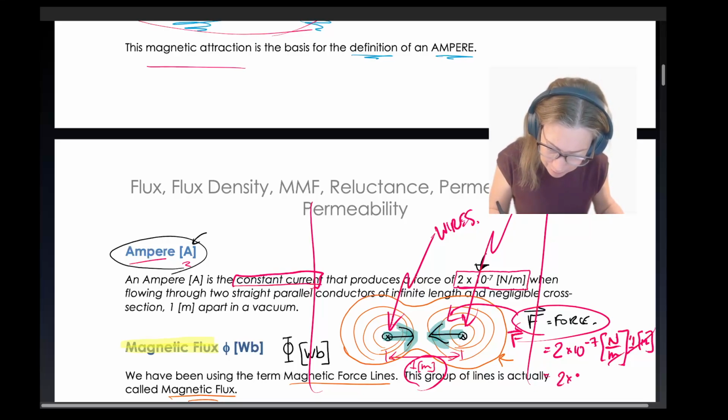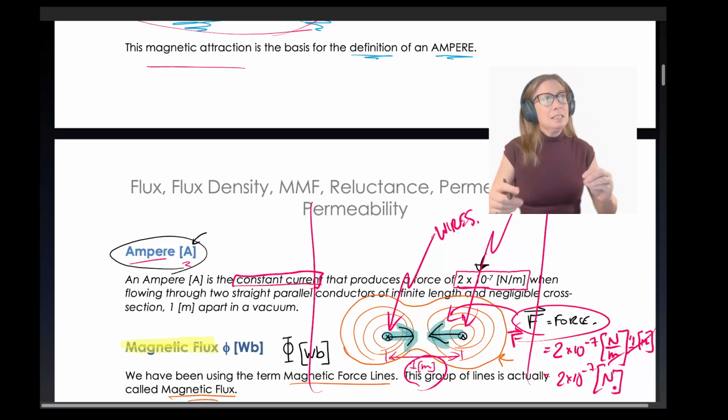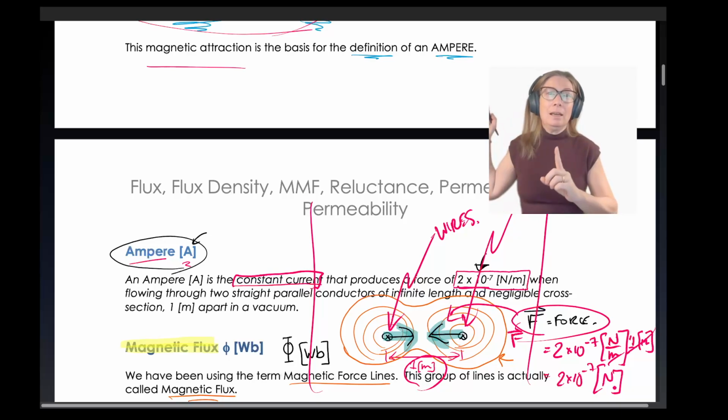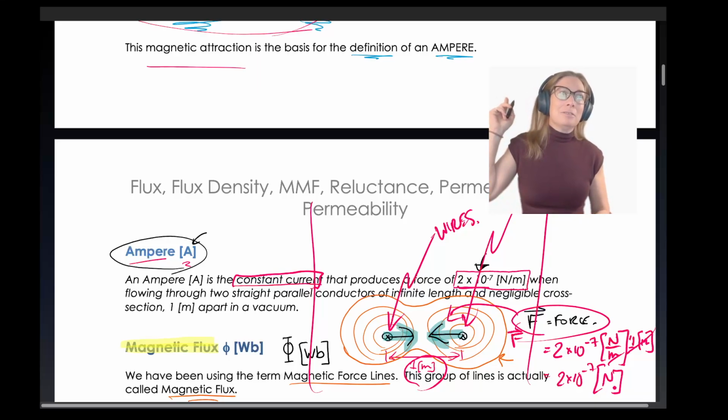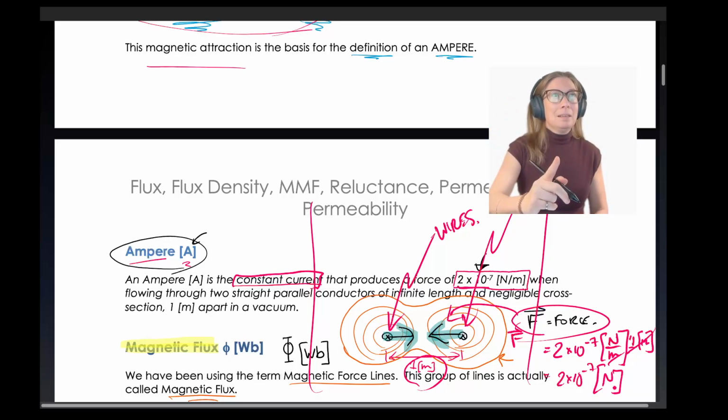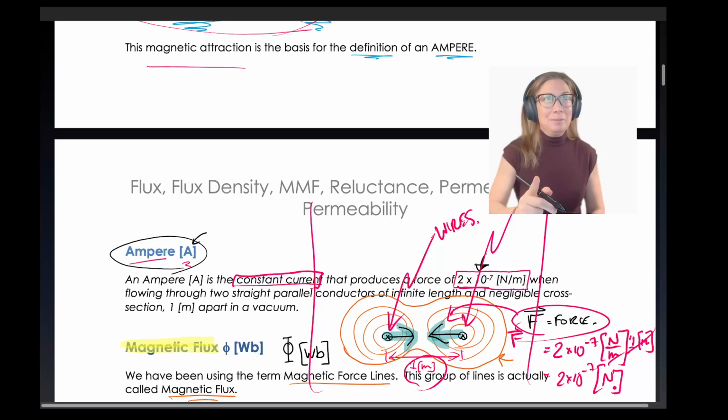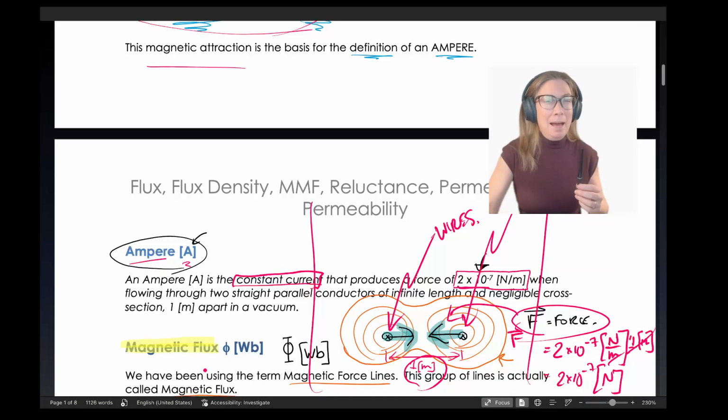So that's 2 times 10 to the negative 7 newtons, which is a kilogram meter per second squared, until that force becomes 2 times 10 to the negative 7 newtons of force. That's when you stop increasing the current. How much current do you have? You have 1 amp. That's how much current there is. Cool, right? That's the definition of an amp that I bet you've never heard of before, but it's actually the proper definition of an amp.